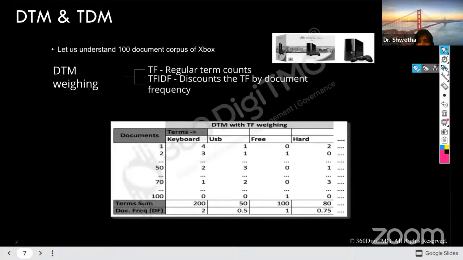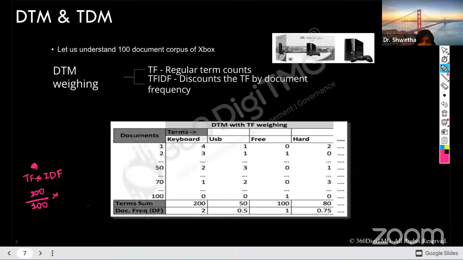Now, term frequency into inverse document frequency. The frequency, how many times the word is repeated in the particular number of documents, by inverse of the document frequency.